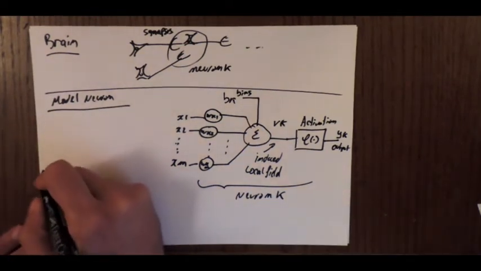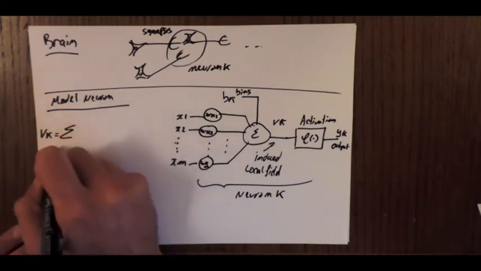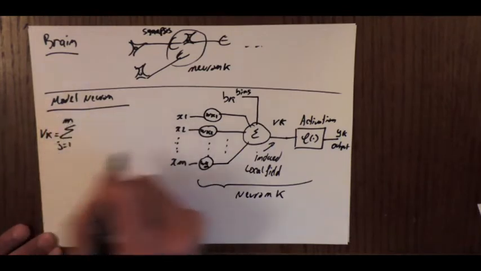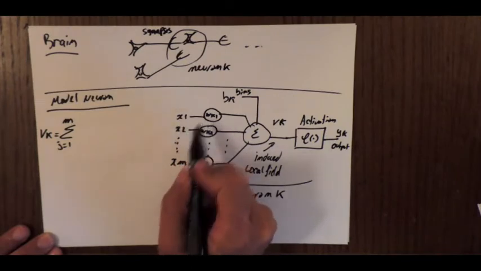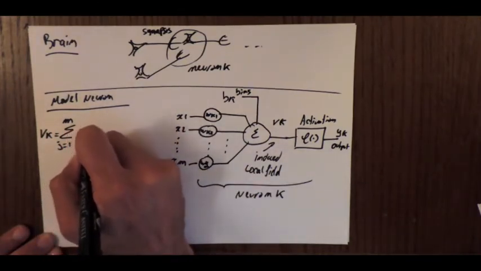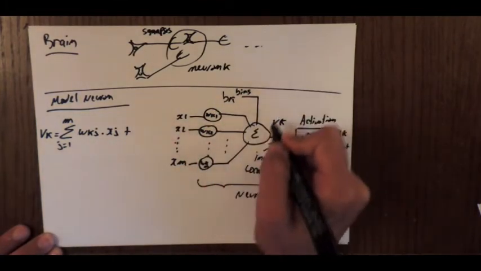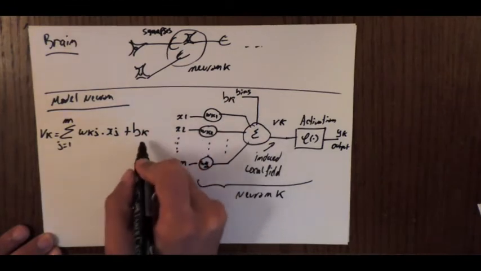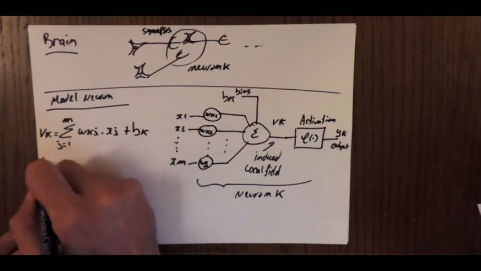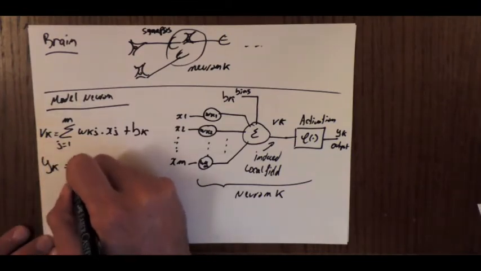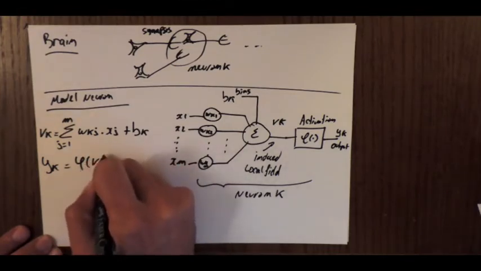If I want to write the mathematical formulation for this model of a neuron k, I can say that vk is the summation for j equal 1 to m of the input times the weight, so it's going to be wkj times xj, plus the bias bk, where k denotes the neuron in question. And then the output will be yk equals phi of the induced field vk.